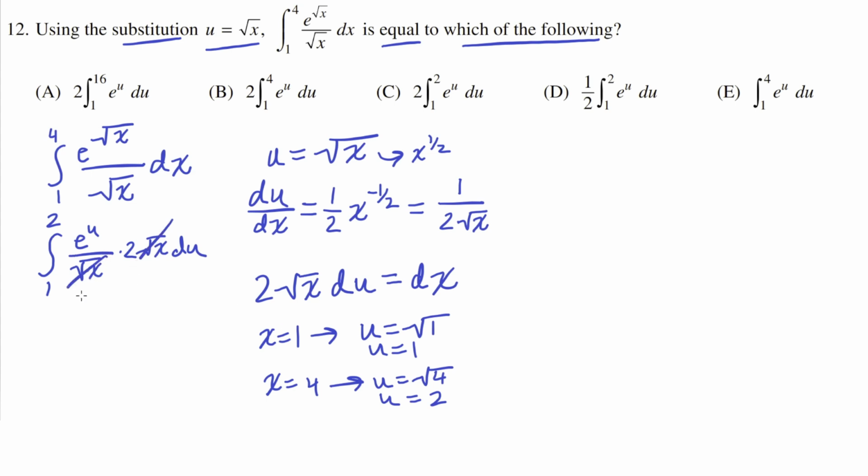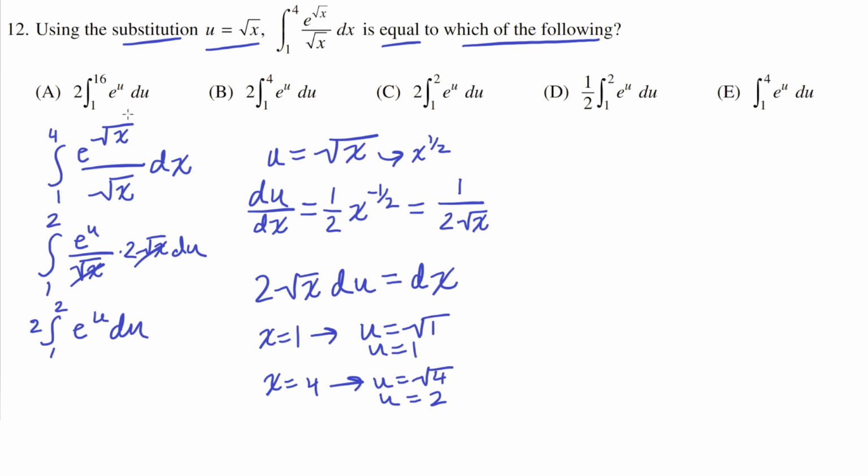So this will just cancel out. When we cancel these two out, we'll be left with the integral from 1 to 2 of e raised to the u times 2, but we can just take the 2 outside, du.